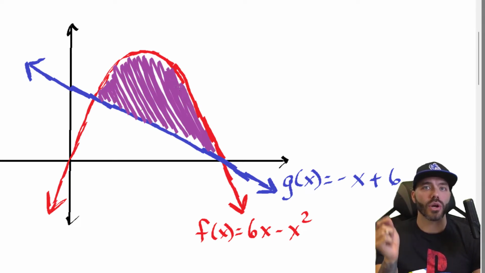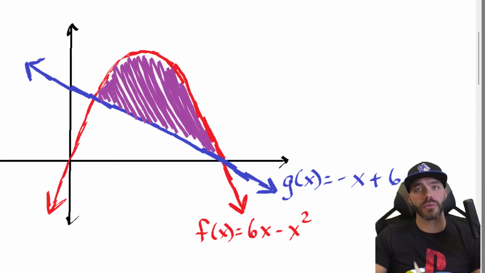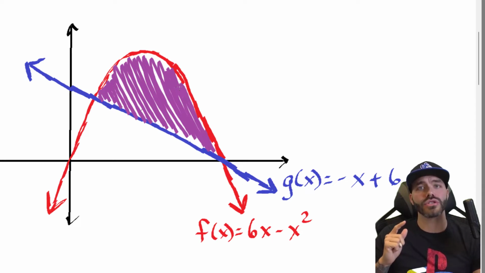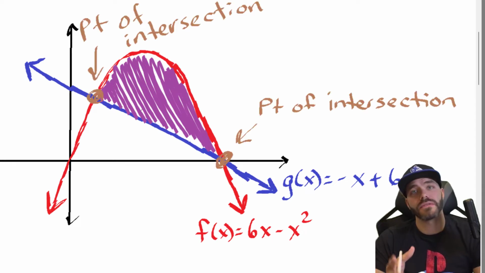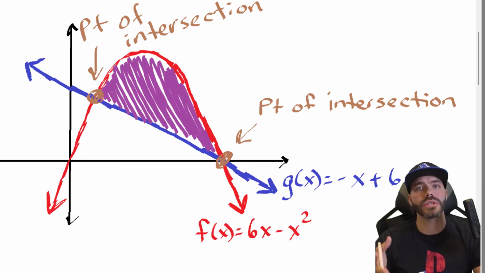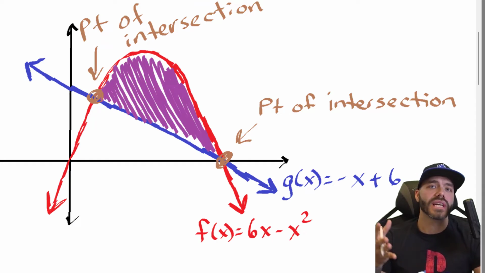And so going back to the graham cracker idea, the rectangle with a semicircle bitten out of it, what we'd like to do is first find our limits of integration, and that's going to be where the two curves intersect. To find those 2 points of intersection, what you could do is just set the two functions equal to each other and find those x values. So let's do that very quickly right here.